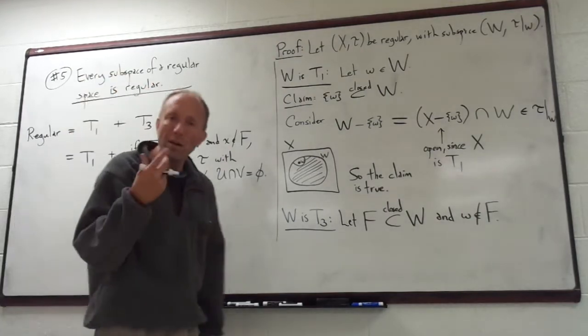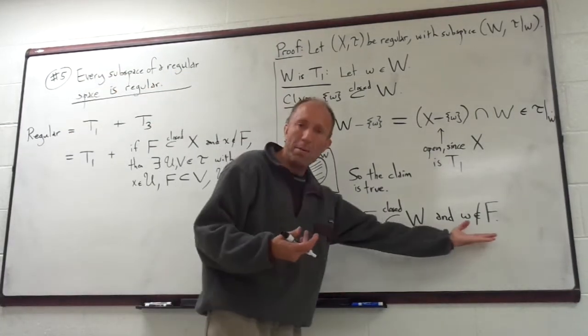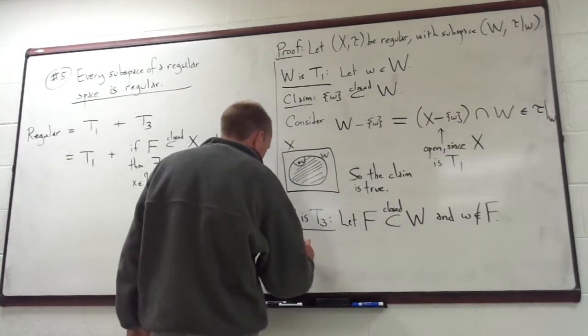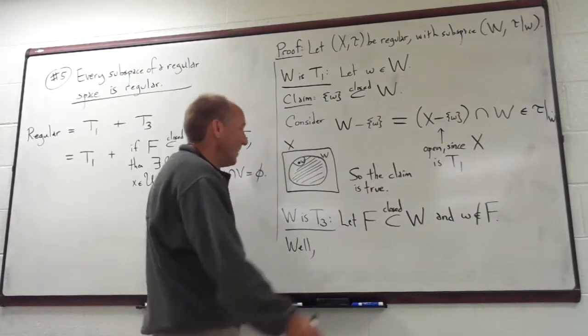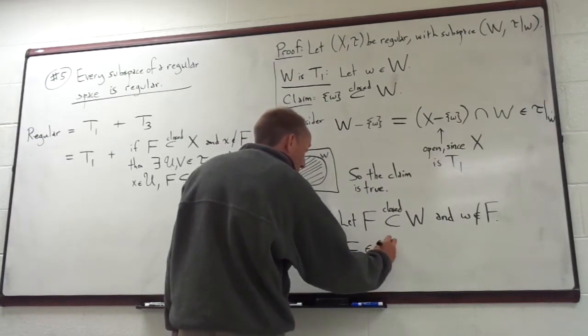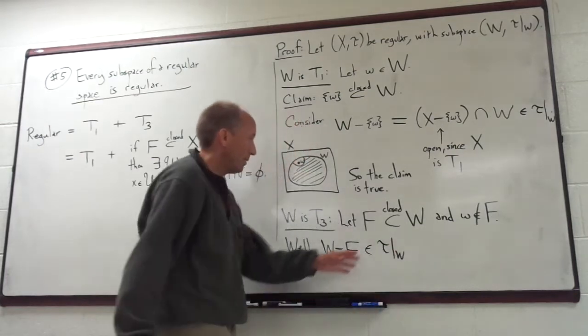So the way to get a closed subset of X out of just this bare minimal assumption here is to realize that W minus F is open in W, right?